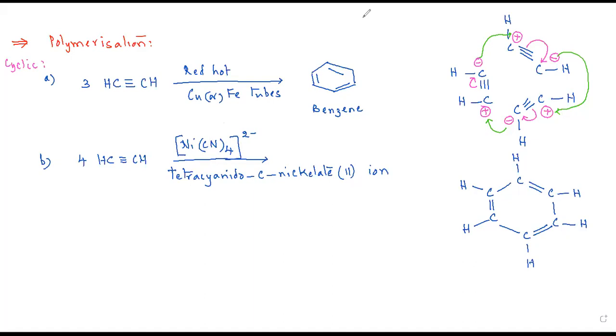So that is what we call tetracyanido-N. Here, because carbon is connected, tetracyanido-C nickelate, and this 'ate' extra is because it is an anionic complex. And of course, the oxidation state of nickel here is +2. That is what is shown in Roman numerals in brackets. And it's an ion. So it is known as tetracyanido-C nickelate(II) ion.